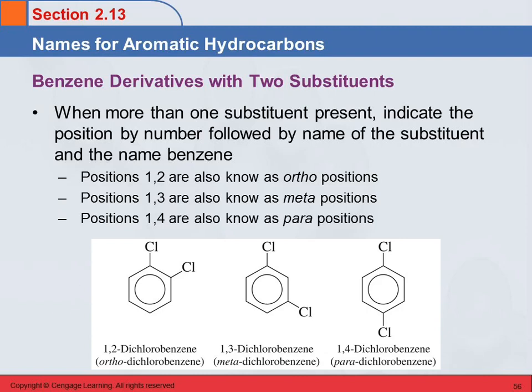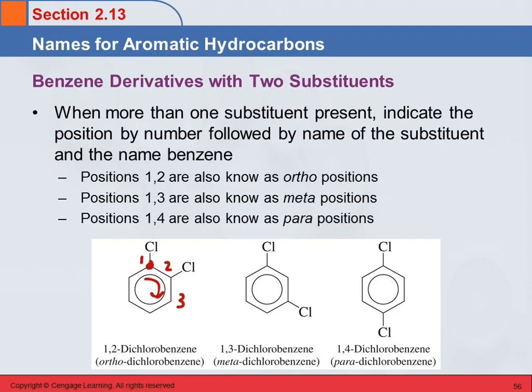So if we're numbering these guys, you would always start at one substituent and number in a way that would give them the lowest numbers. So here we would number 1, 2, 3, we would number clockwise. If we started at this one here and went the other way, we'd end up with 1,6-dichlorobenzene.